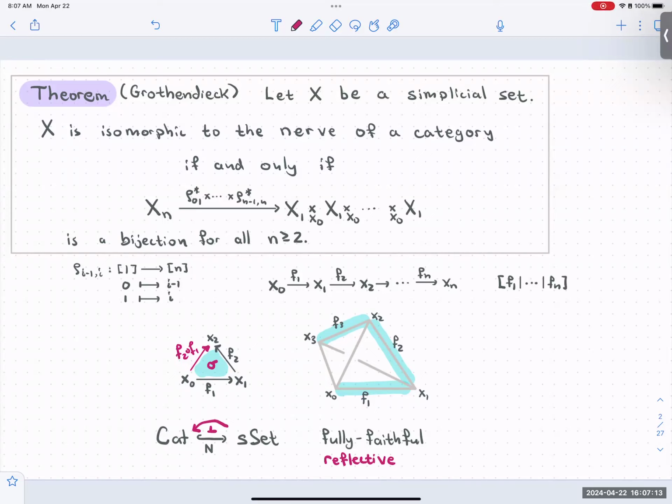So small categories is a reflective subcategory of simplicial sets. And this is done by looking at the one skeleton of your simplicial set, taking the free category on this, and then imposing some relations coming from the 2 simplices. That's how you get this reflector.